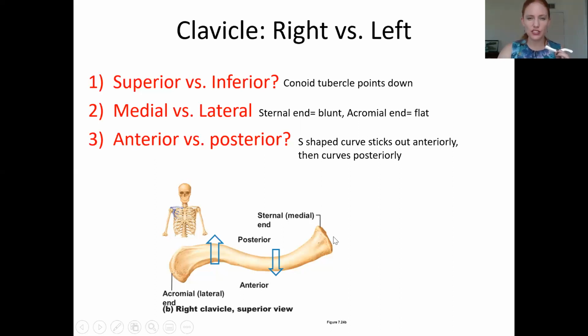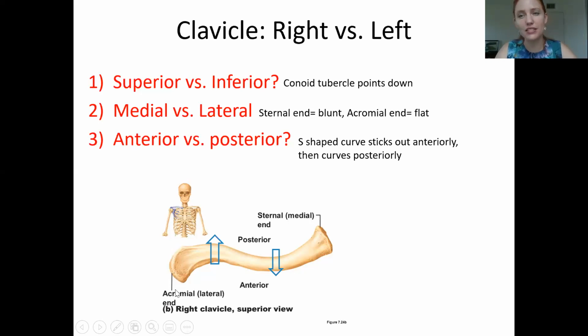So you're going to see an anterior curve first, and then a posterior curve. Once we get it all oriented, we know this is the medial side, this is the lateral side, this is the front, this is the back. This must be a right clavicle.